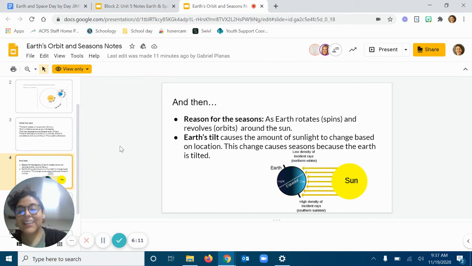So if anyone asks you, why do we have seasons? It is because of the tilt of the Earth, because the Earth is tilted and compared to where it's located to the sun. If it's like this, it's closer, and the northern hemisphere gets summer. If it's like this, then the northern hemisphere has winter because it's farther.